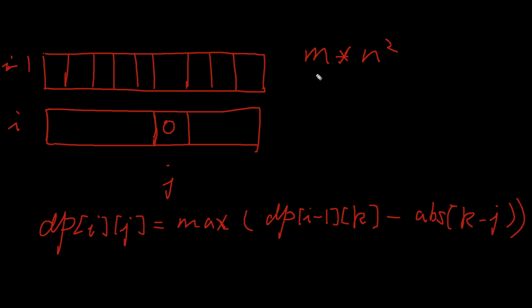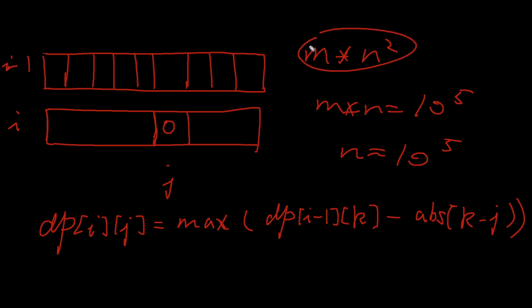So this is going to be the time complexity. But remember, m times n equals 10 to the power of 5, and n is also up to 10 to the power of 5. So with this one, it will TLE.